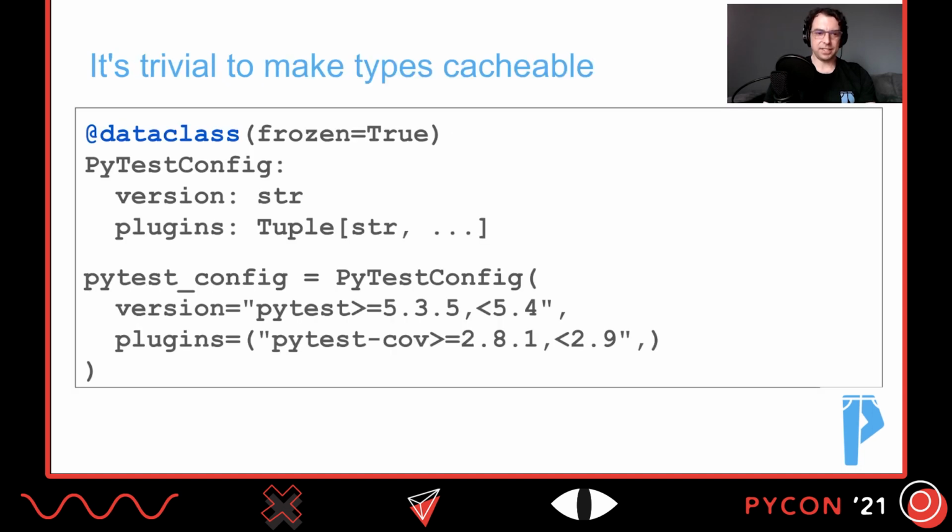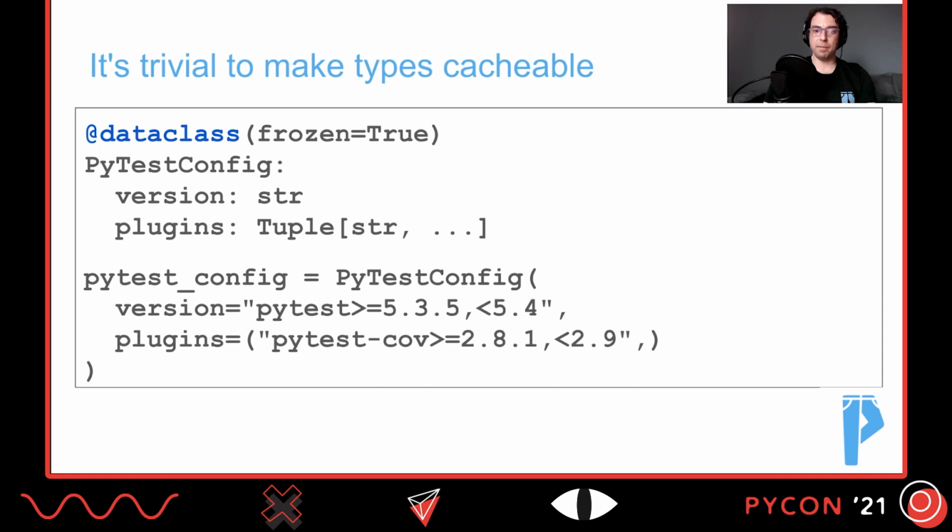Here's an example of a frozen data class that represents the configuration that you need for running PyTest at a certain version with a certain set of plugins. It's really trivial to make this type cacheable, and so frozen data classes are ubiquitous throughout the API. All of those input and output types that you annotated earlier just have to be frozen data classes. And simply by requiring that, we get well-defined fingerprints for all these runtime tasks, which allows caching to work.